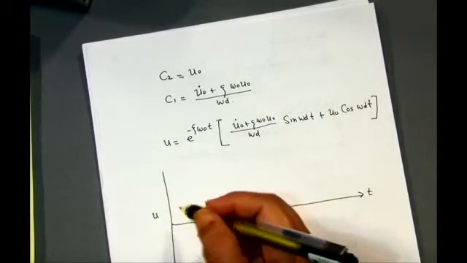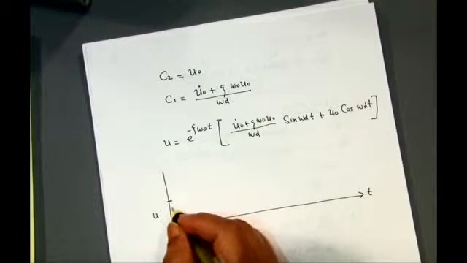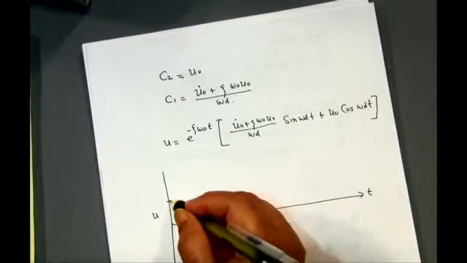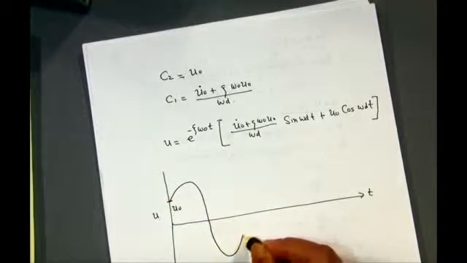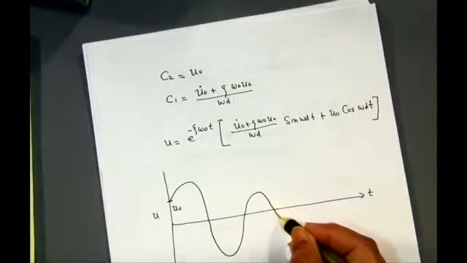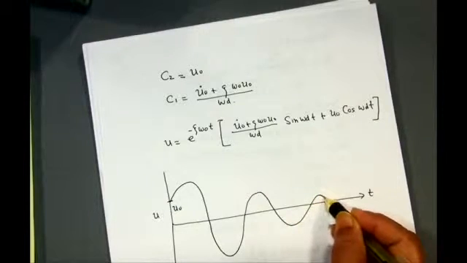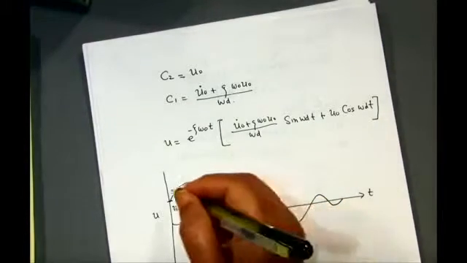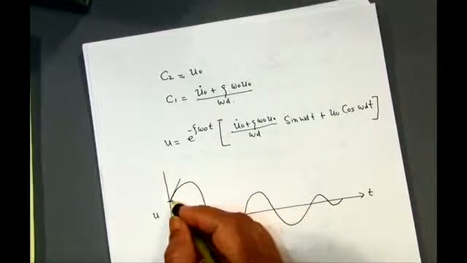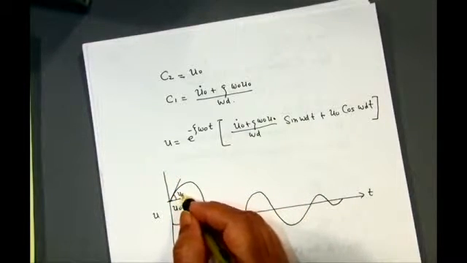If I plot the complete response, we have an initial displacement of u0, and then the system starts vibrating, and the amplitude will start decreasing with time, unlike the system without damping. And this is your initial velocity, which is u0 dot.